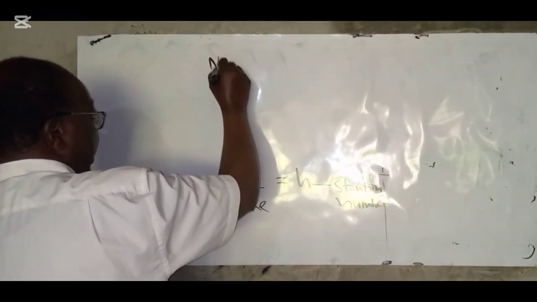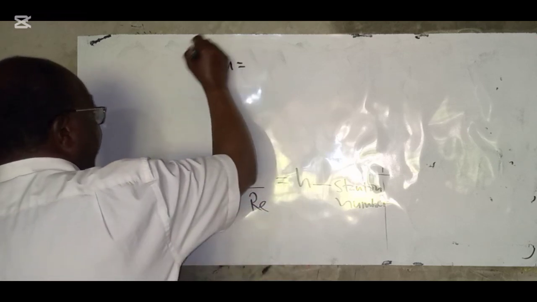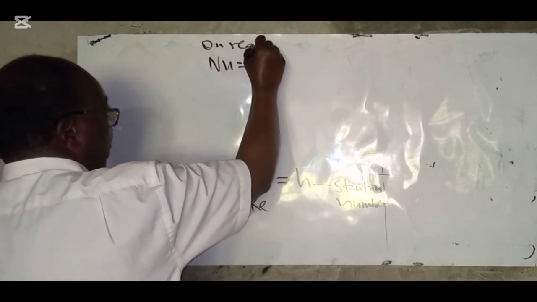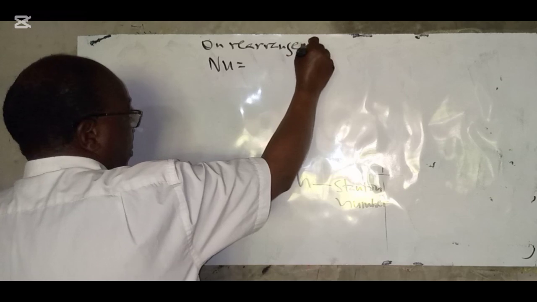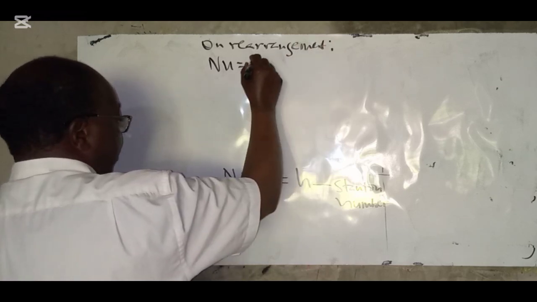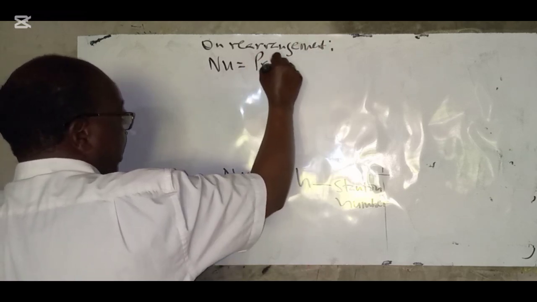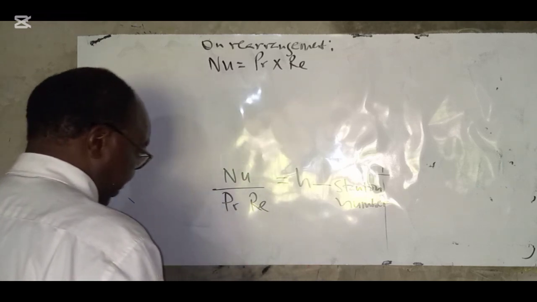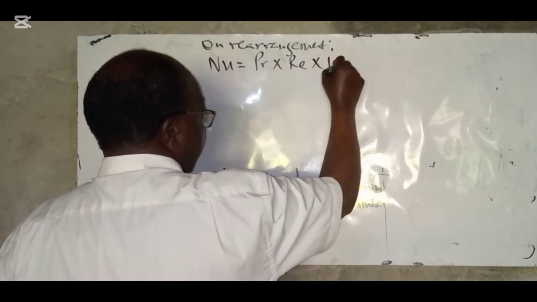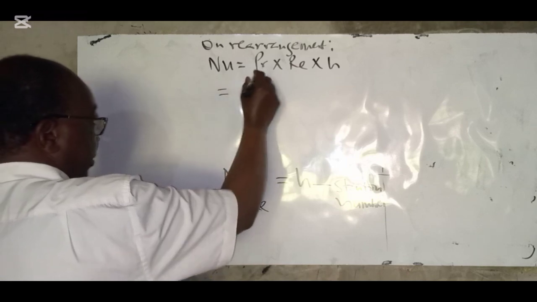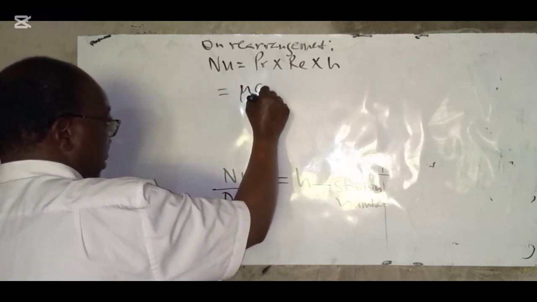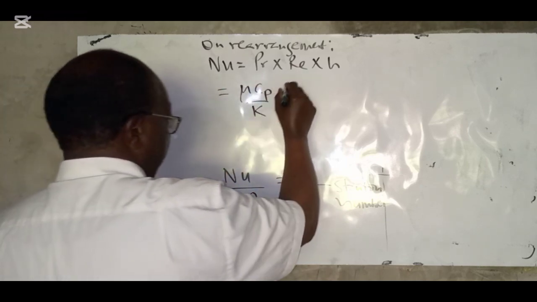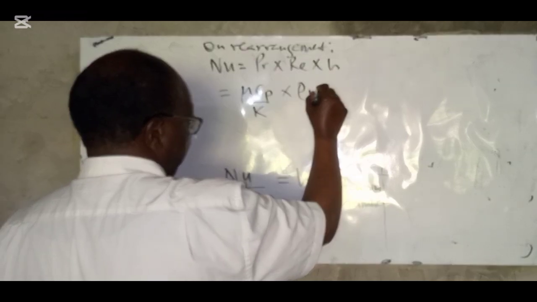Therefore, the Nusselt number on rearrangement is the Prandtl number times the Reynolds number times the Stanton number. Prandtl number, we know. Reynolds number, we know.